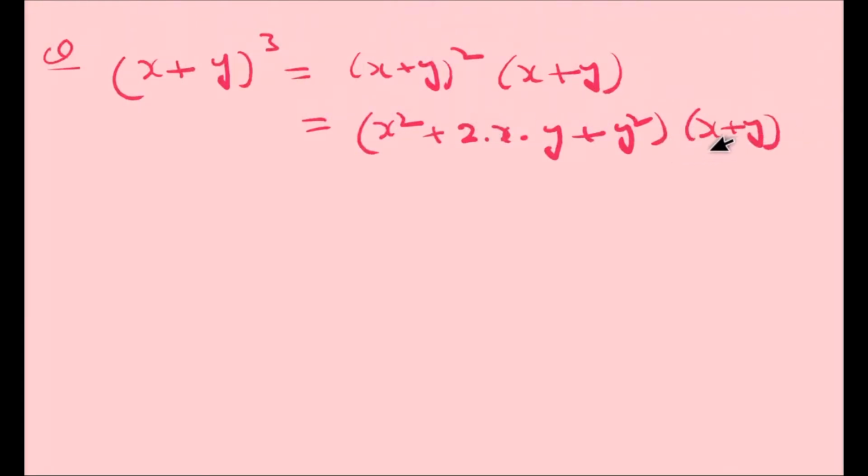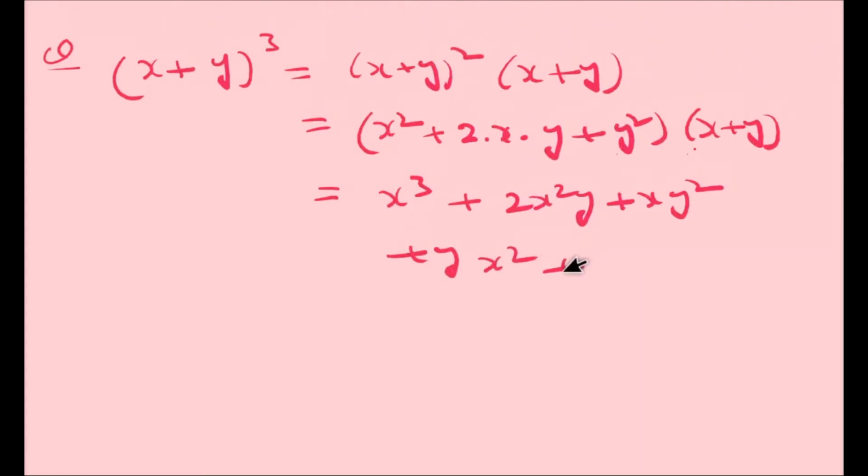Multiplying by x, we get x cube plus 2x square y plus x y square, and multiplying by plus y, we get x square y plus 2x y square plus y cube.